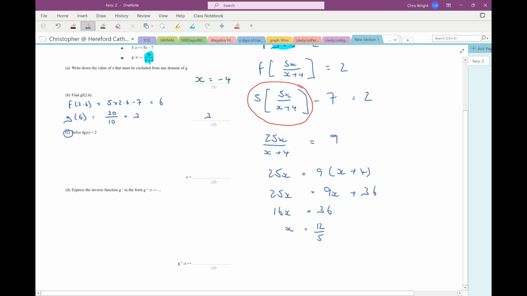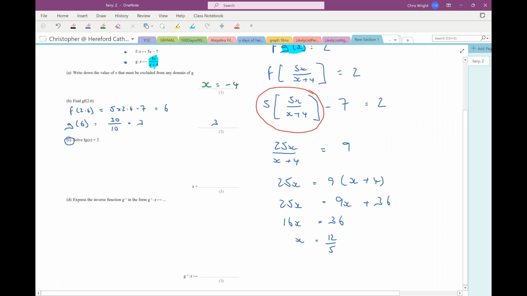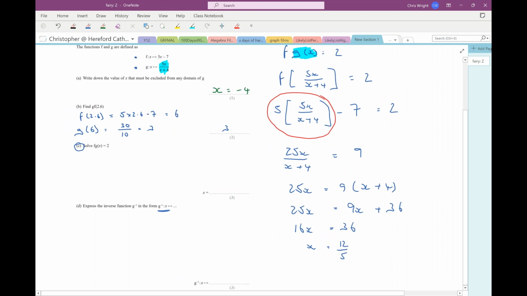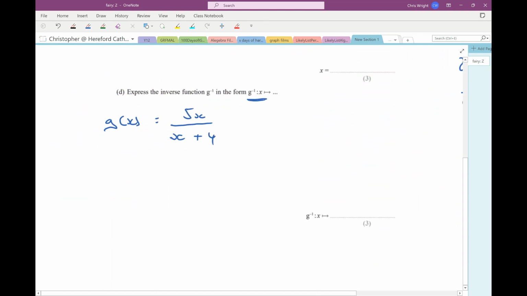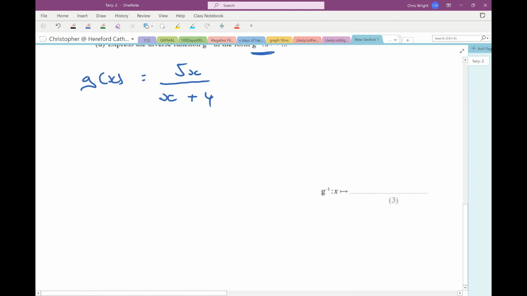Right, express the inverse function, g to the power of minus 1, in this form. So we're going to have to write out our answer so it is in that form. So let's first of all write down what g of x is. g of x is 5x over x plus 4. So now I'm going to find the inverse function of g of x.